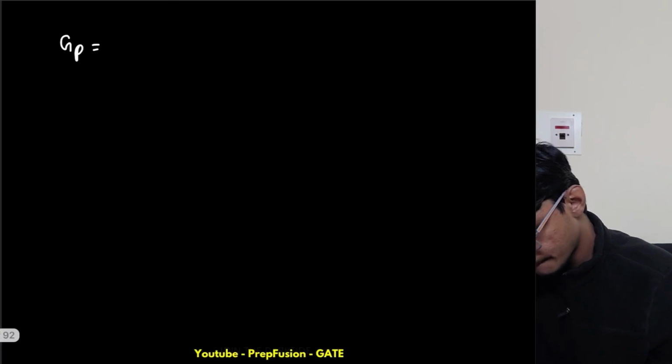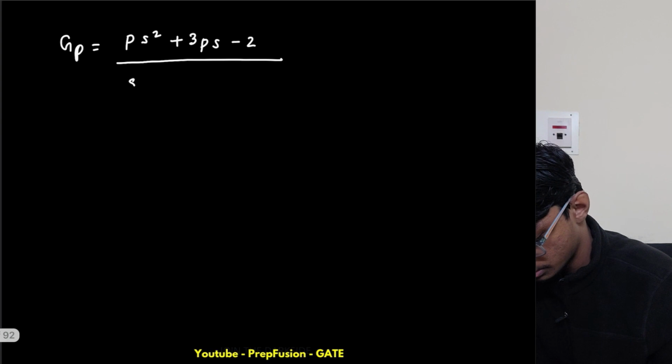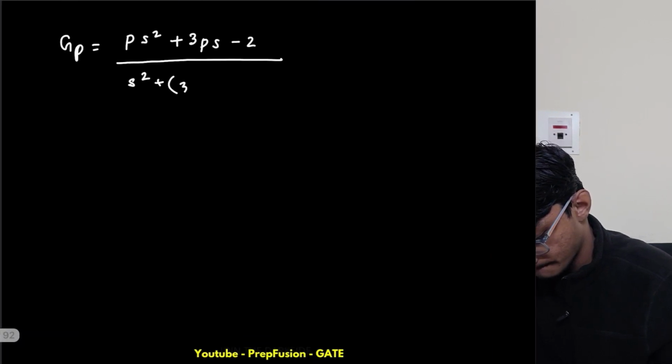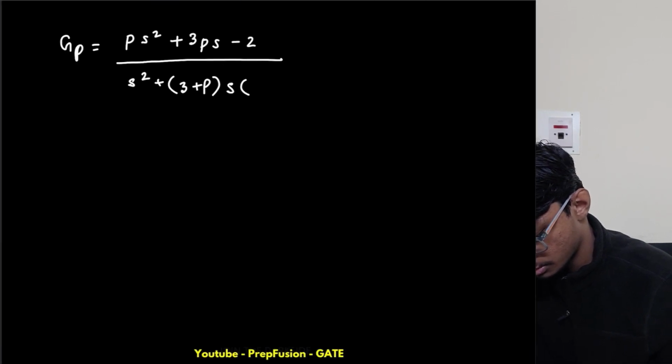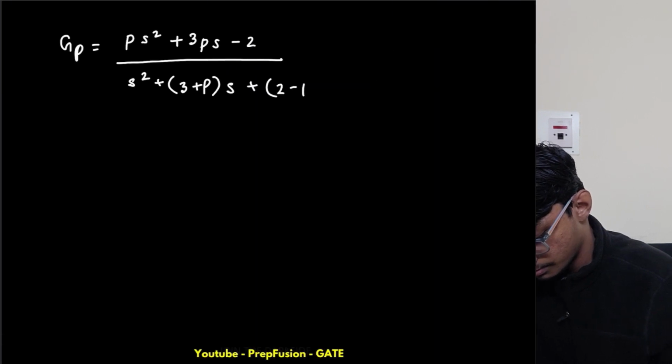So if Gp should remain stable, I will write my transfer function Gp equal to p square plus 3ps minus 2 divided by s square plus (3 plus 2p)s plus 2 minus p.